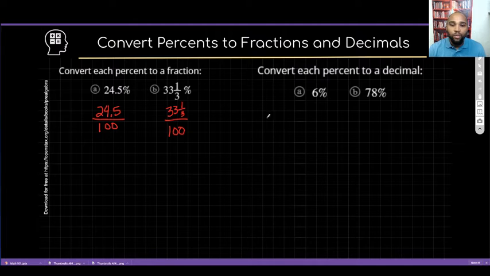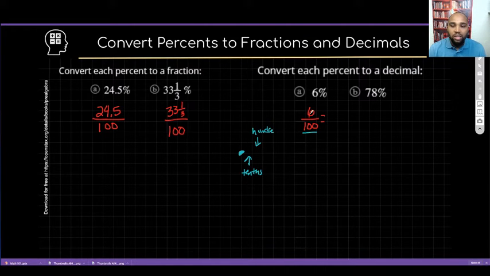Convert each percent to a decimal. So let's go backwards now. How do I write 6% as a decimal? As a fraction, it'll look like 6 over 100. Well, how does it look as a decimal? If you remember, this bottom number is telling me it's in the hundredths place. And if you remember your decimals, the first place after the decimal point is going to be our tenths place, and then our next place will be our hundredths place.